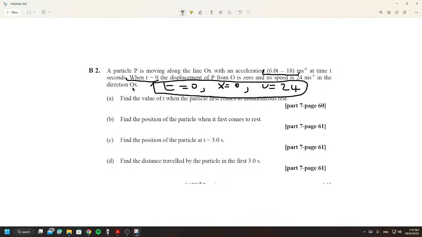And this is moving in the direction OX, and this is also in the direction OX, so we don't have to switch around the sign, make it negative or positive. It is positive. It's just as it is. So find the value of t when the particle first comes to instantaneous rest.